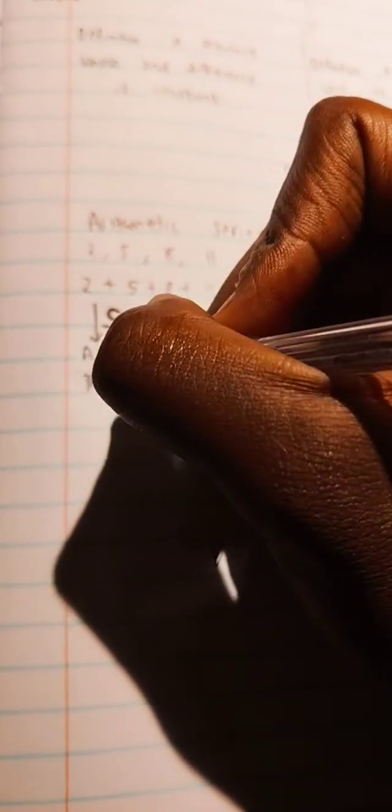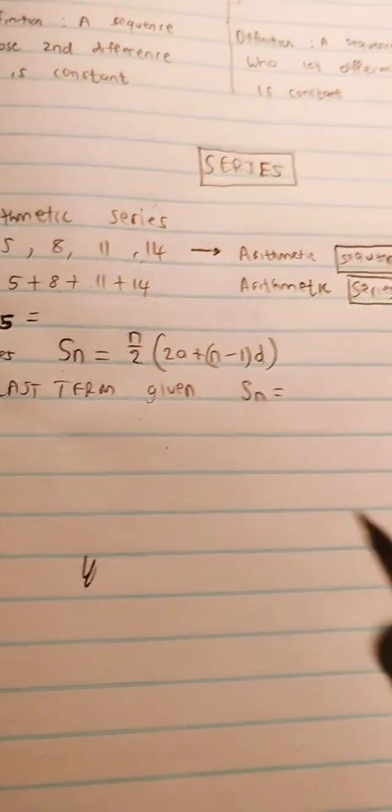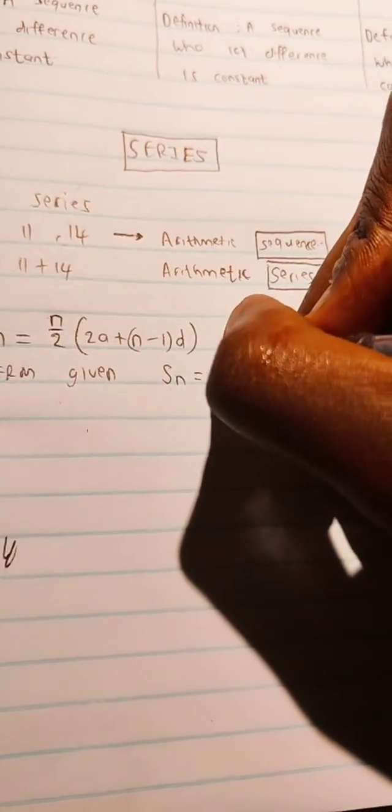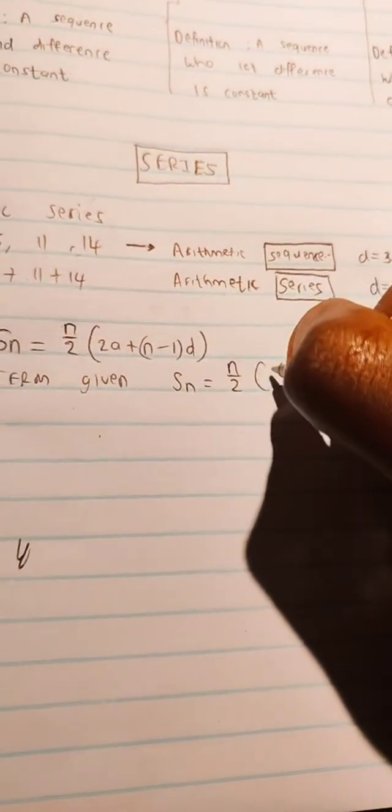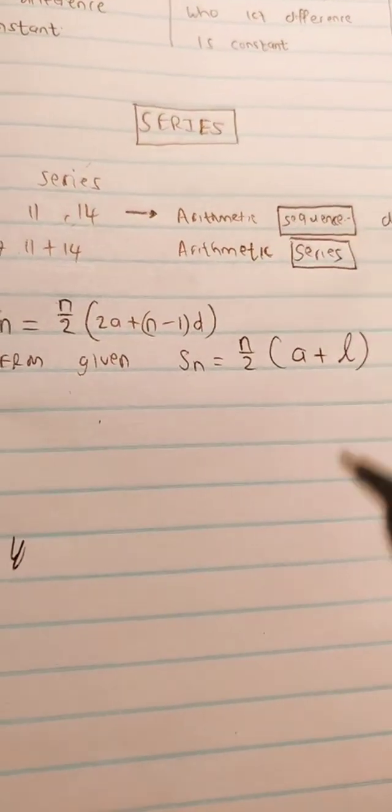In the situation where the last term of the series is given, then we can shorten the formula and write Sn is equal to n over 2 times a plus l.